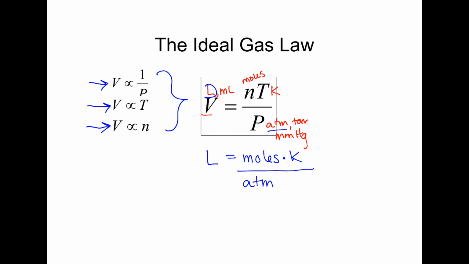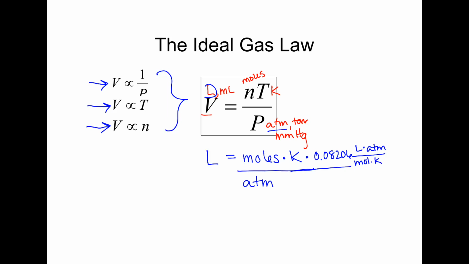If I want to get these units to work, I have to add something extra in, and what we're going to do is we're going to add this constant R, which has a value of 0.08206, and its units are really funky. Its units are liters times atmospheres divided by moles divided by K.